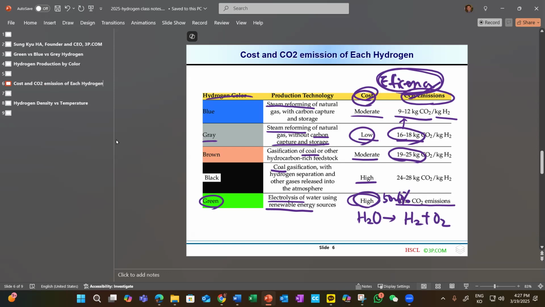Of course, we can get better and more precise information from our references. I just would like to bring up this issue related to each hydrogen generation type, but more detailed information can be found in the references.